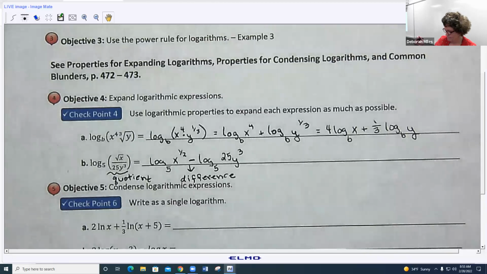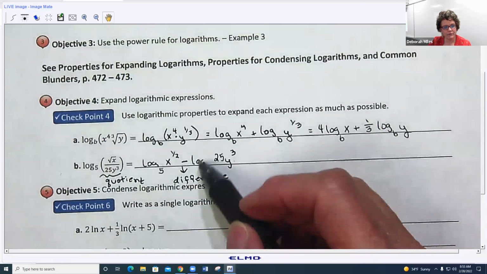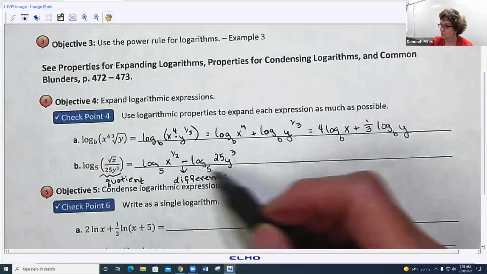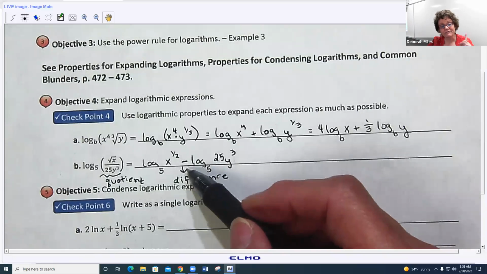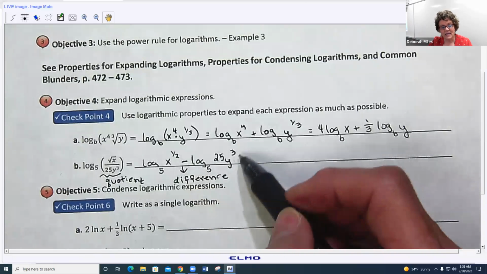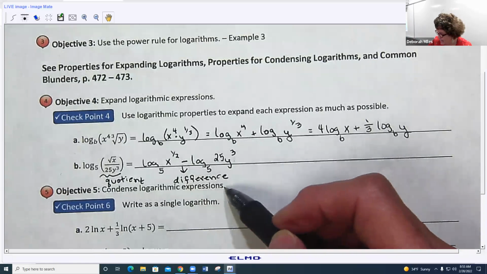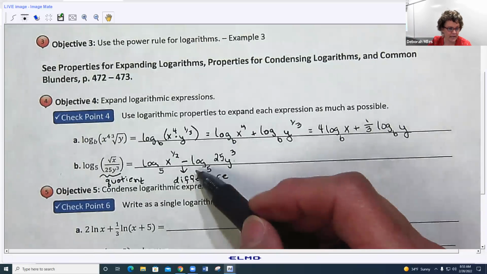All right. Could I bring this 3 out in front of the log now? No, because if I did, I would be saying it applied both to the 25 and the y. If that 25y was in parentheses, then I could bring the 3 out front.